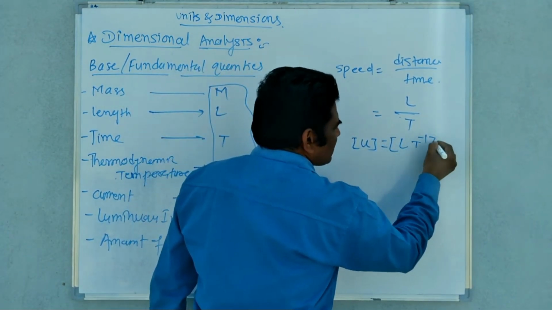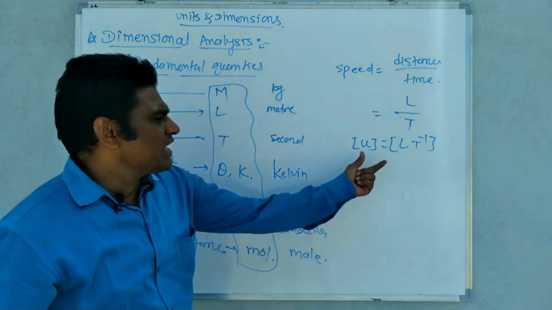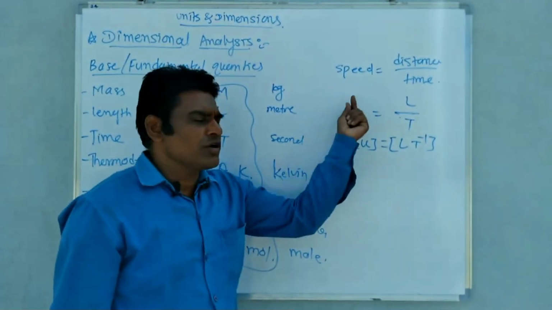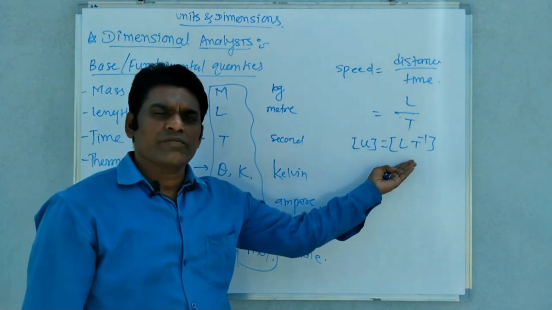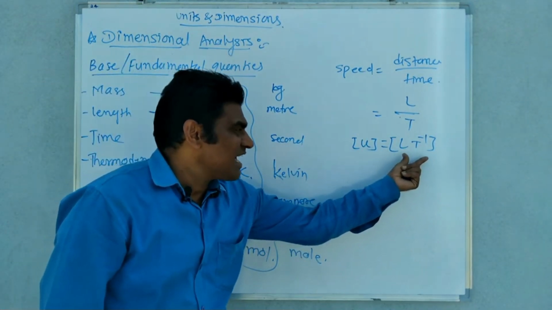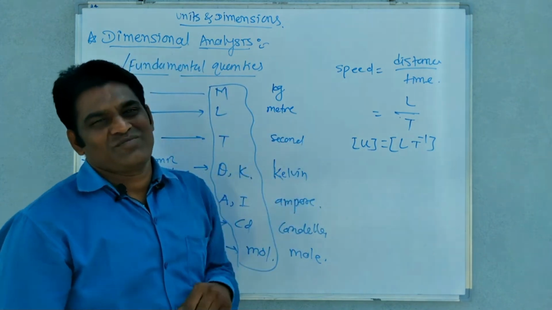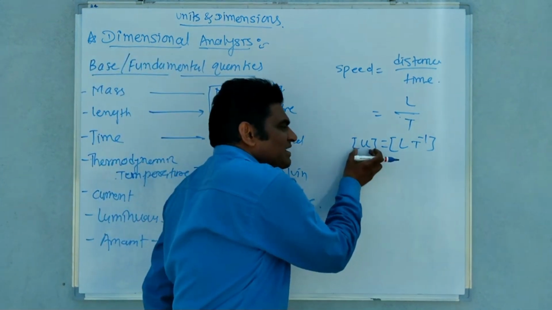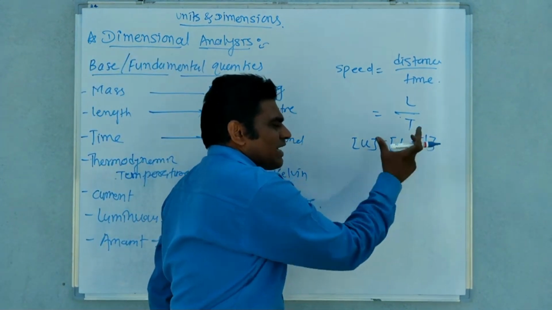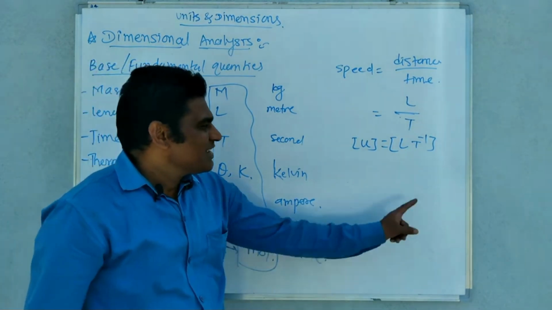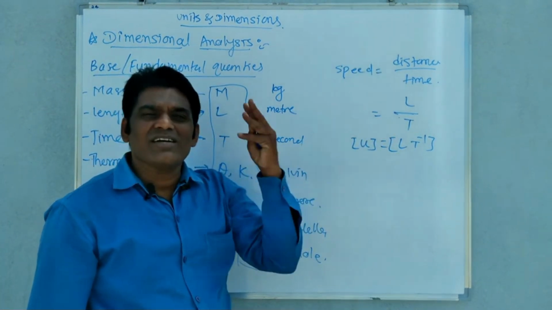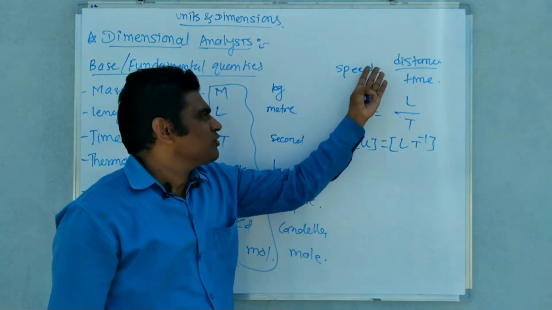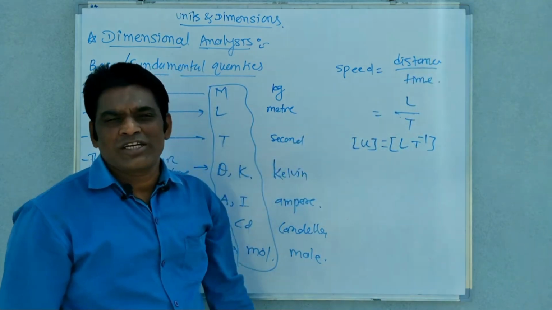In this way we can explain this derived quantity by using these fundamental quantities. This is the dimensional formula for speed, written in a square bracket. It is constituted with these two base quantities.